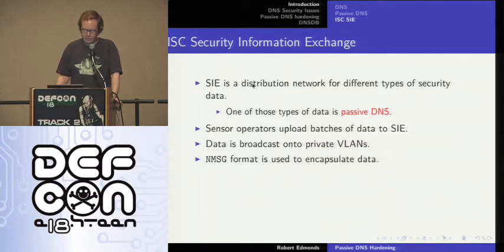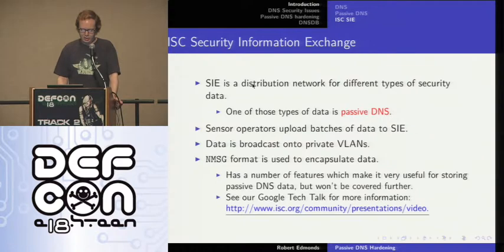So for instance, instead of storing a flat stream of packets like your typical PCAP file, we embed both the query and its corresponding response into a single message, which we can then process as a unit, rather than groveling through an entire PCAP file. And we don't really need to cover InMessage anymore, but you can see the Google Tech Talk, where we describe just that format at that URL.